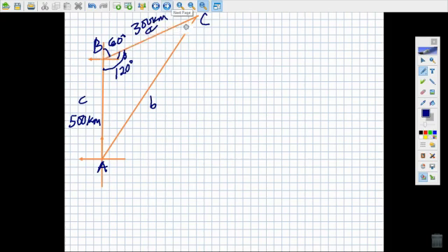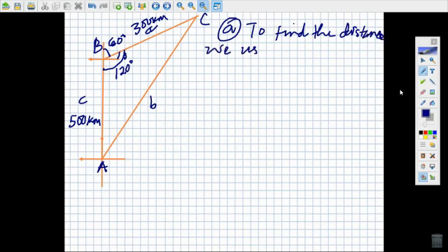So to proceed, we are going to use the Cosine Rule to find the distance, because we have these two sides, C and A, and the included angle 120.